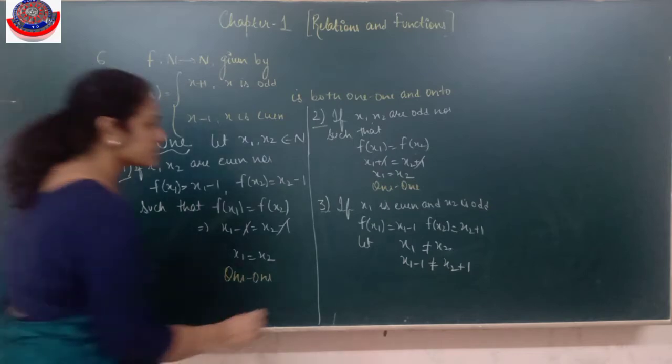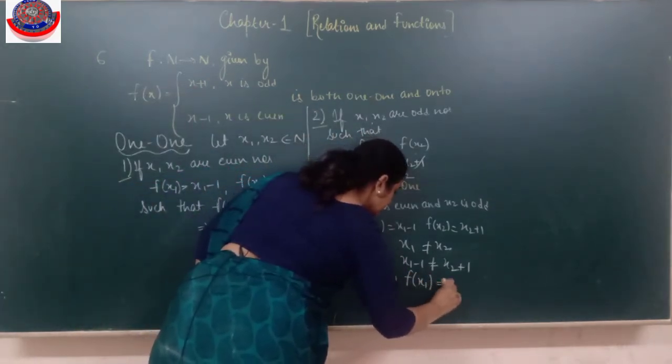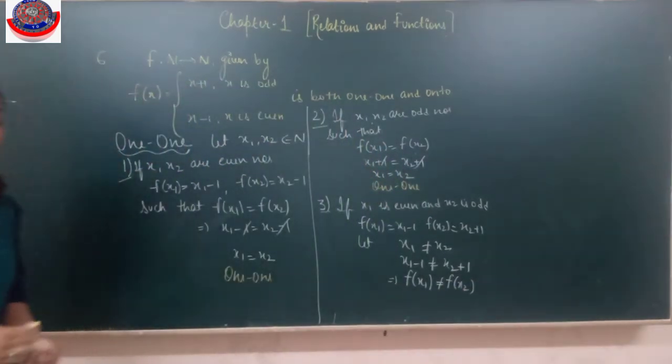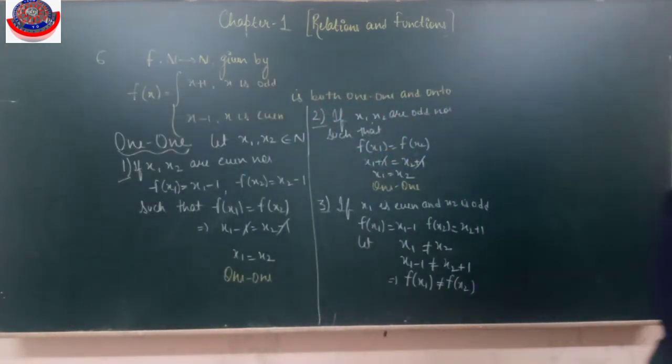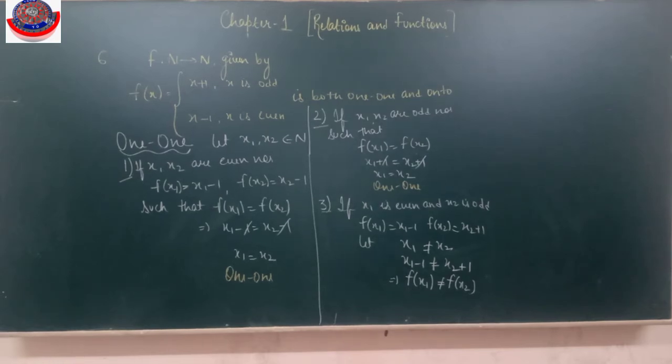So it implies that when the elements are not equal, their images are also not equal. When the elements are not equal, their images are not equal. That is also a condition of 1, 1.